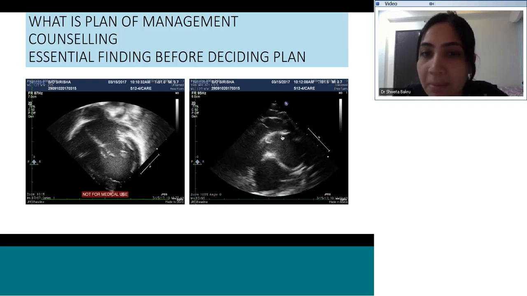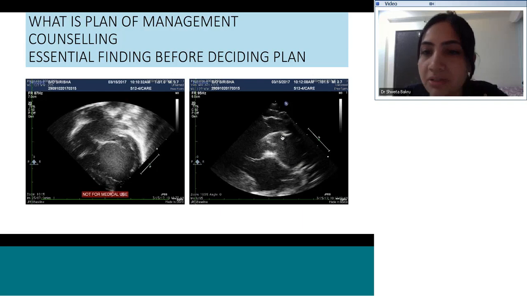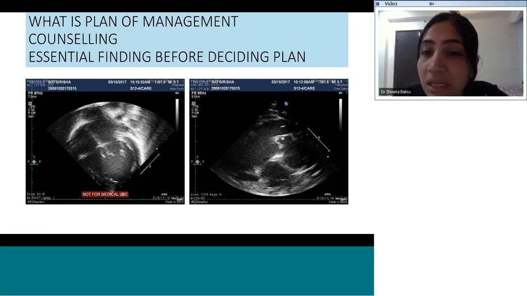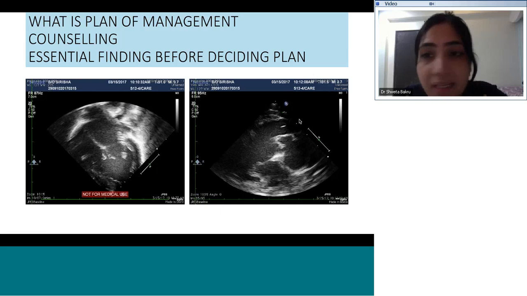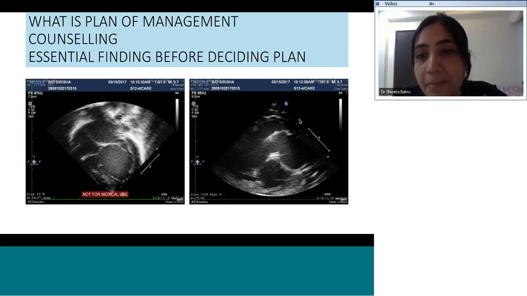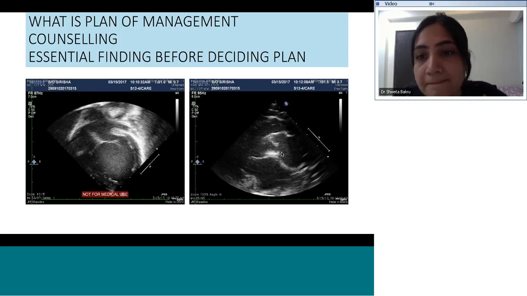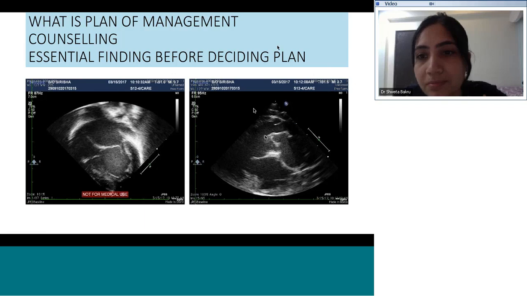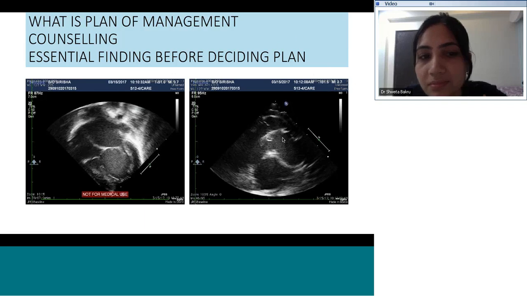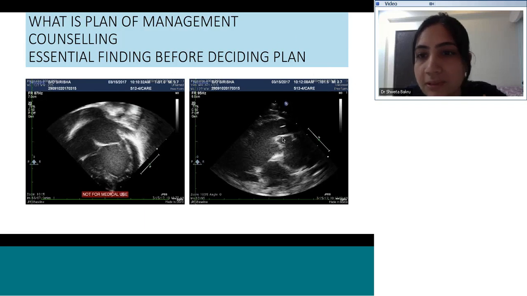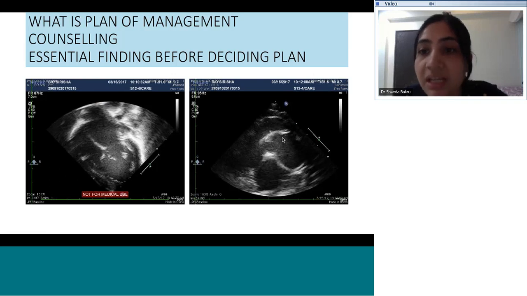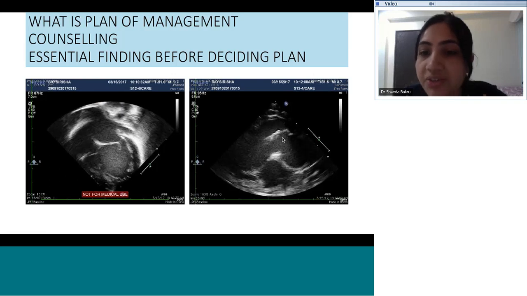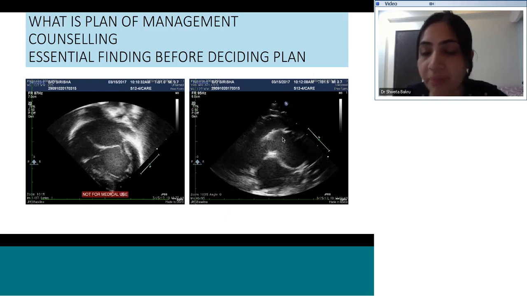So before doing PA banding, what is the most important feature that you want to look at in the echo before sending a baby for PA banding in this patient? Very good. I agree with Sakshi, the identification of the size of the bulboventricular foramen.